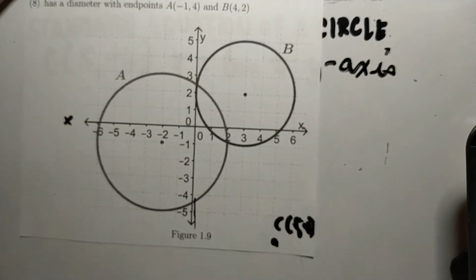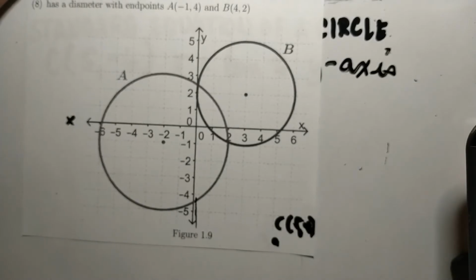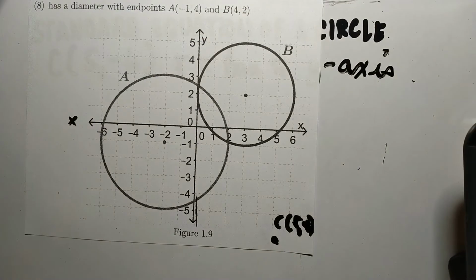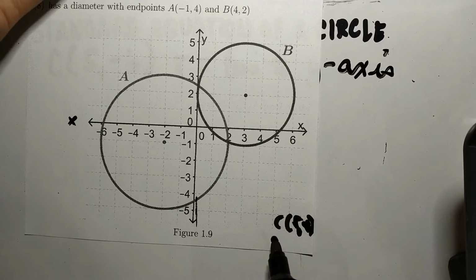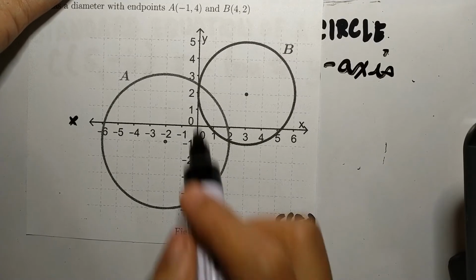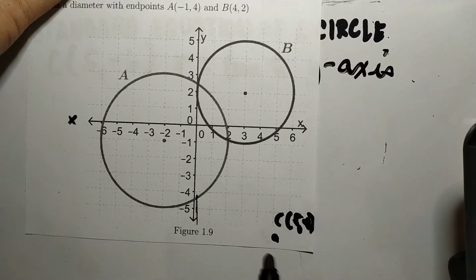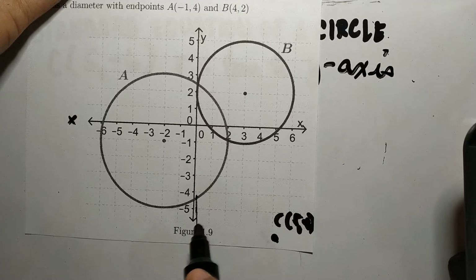Wait lang. Nawawala yung focus. So, ito yung center. And magta-touch daw yung circle sa y-axis. So, ibig sabihin lang nun, bibilang tayo from center papunta kay y-axis para malaman natin yung radius.